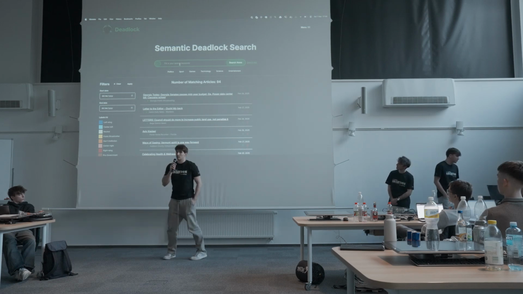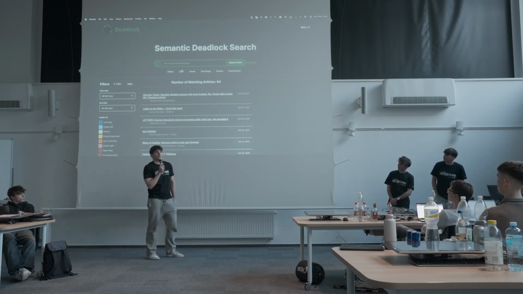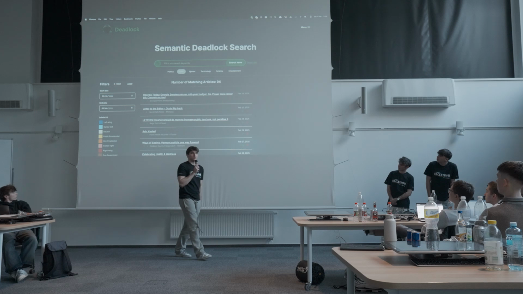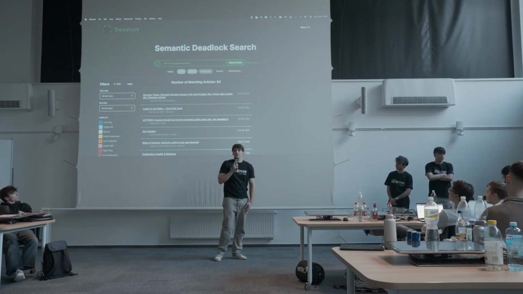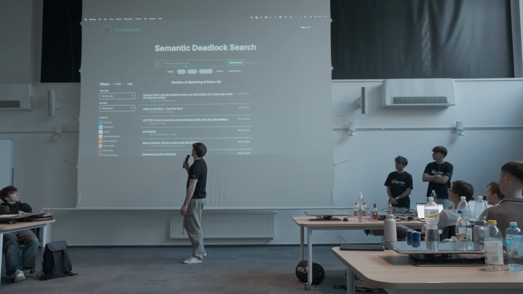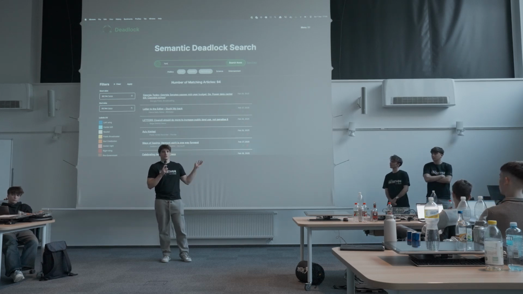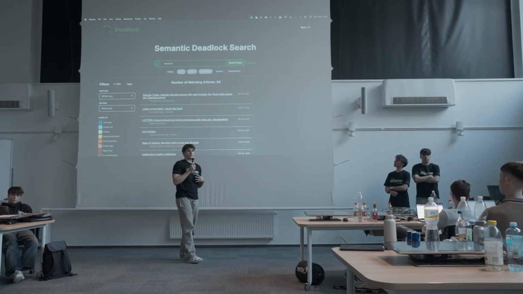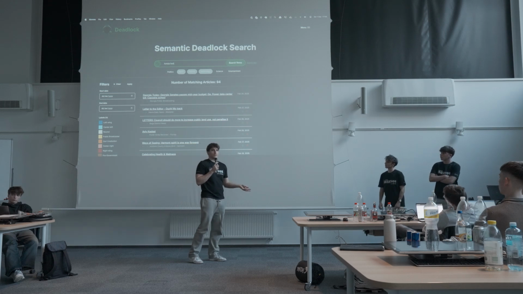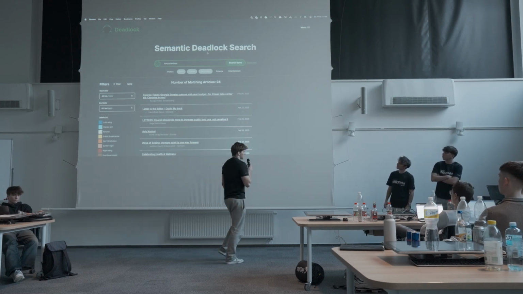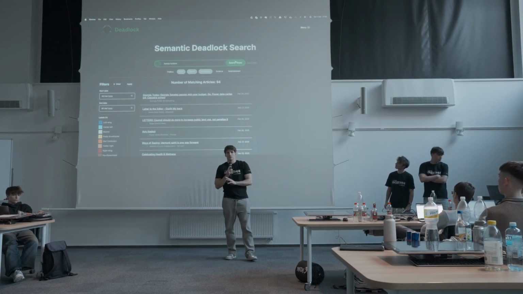So this is basically our website that we built. As you can see, it's quite similar to the one that Newsmatics used. That was actually our idea, because we wanted to show you how embedding technologies could be used and implemented on a website which has a similar design. As you can see, there are some filters on the left.